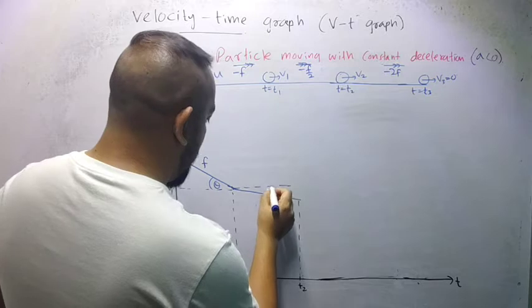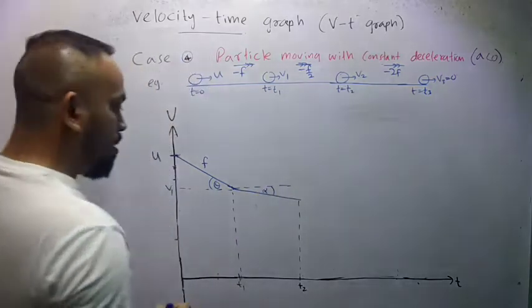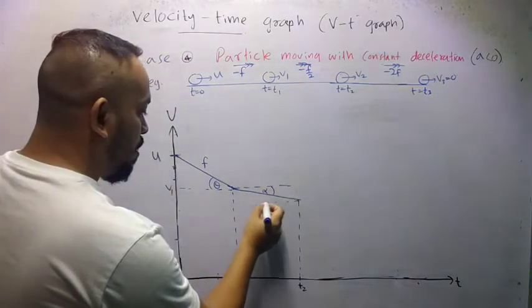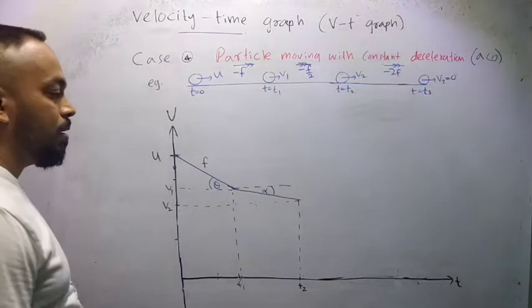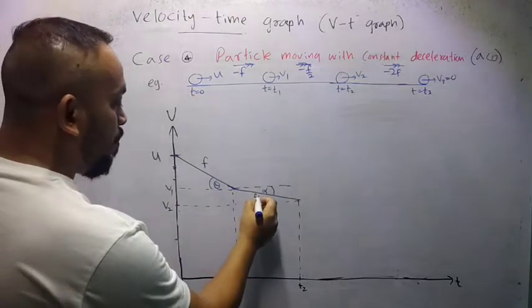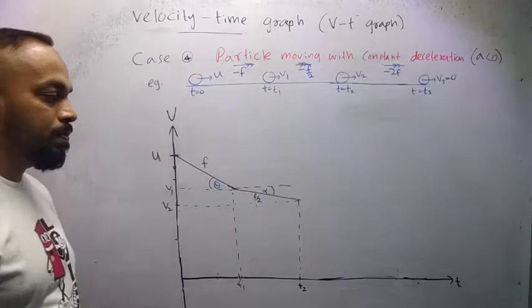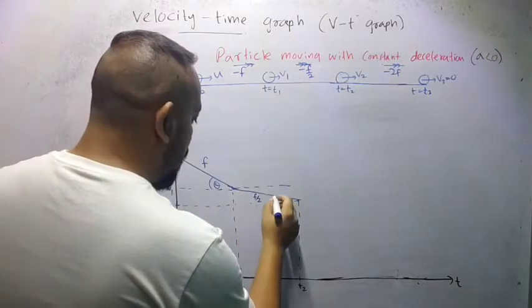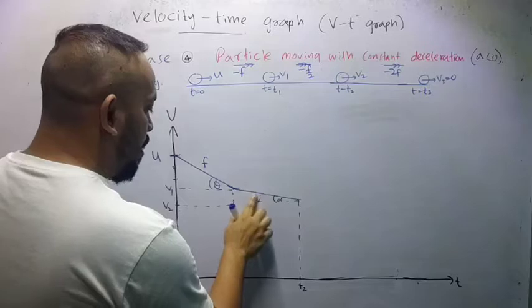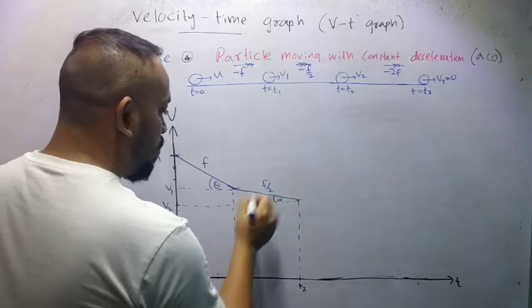So let's take this to be alpha. Now in this case this is alpha, and this should be our V2. So here we have f by 2. Sorry, yes, this is alpha. Now we can write f by 2 properly.